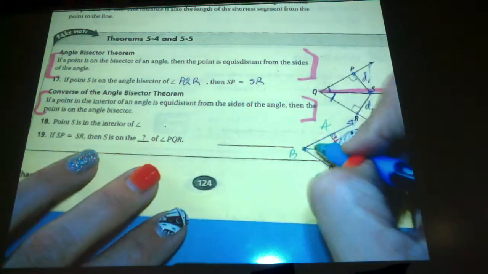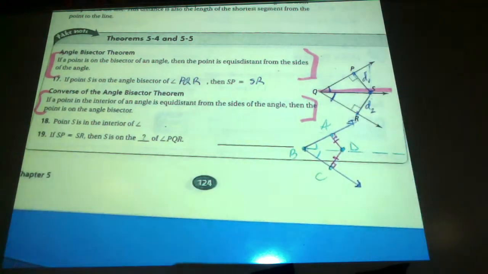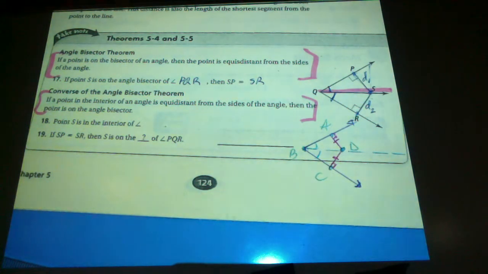And as an angle bisector, those angles there are congruent. But I'd have to be able to prove this part first. Then I can conclude that that's an angle bisector, and then I can say that those angles are equal.